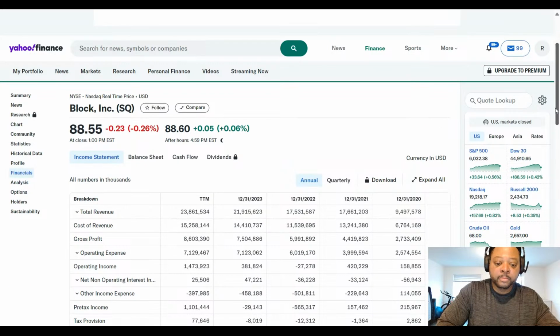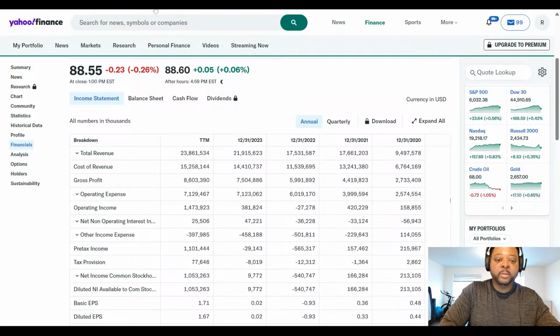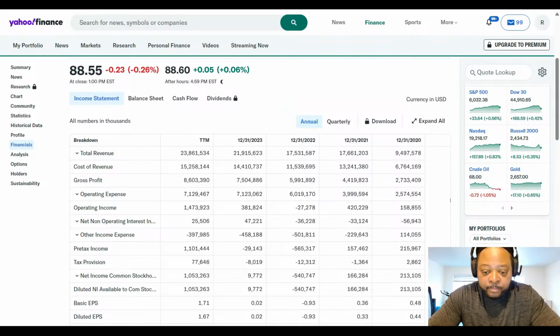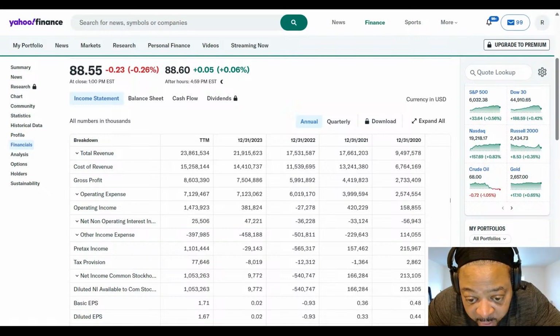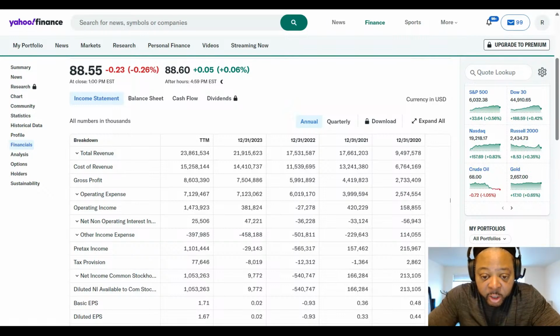Just to show y'all that it's legit, this is why I like Yahoo Finance. It's the same thing as we were seeing over in Motley Fool. As you can see, 2020, this company made, they have it better here, $9 million.